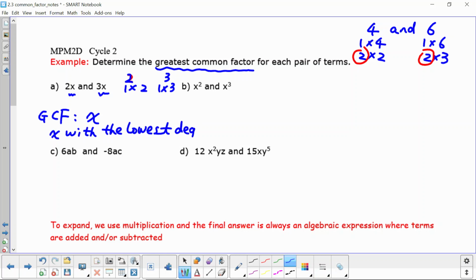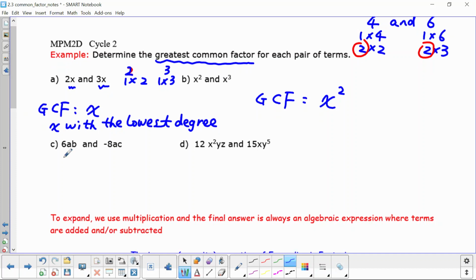That is your greatest common factor. Greatest common factor means each term could be divided by that factor, okay? So for the second one, x squared and x cubed, the greatest common factor will be the lowest degree of the same variable. 2 and 3, lowest is 2, so you have x squared as the greatest common factor.